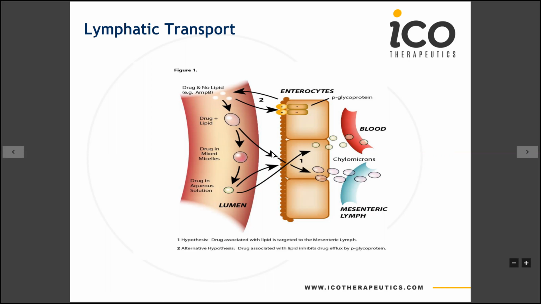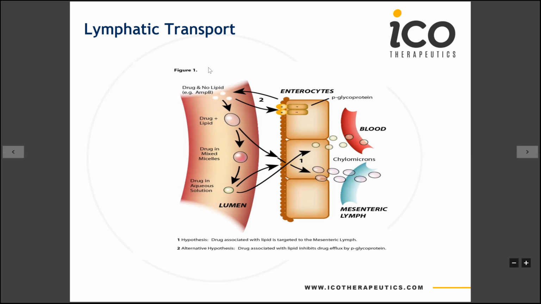Chylomicron-like particles will bypass through the GI membrane and come into the mesenteric lymph, bypass first-pass metabolism, the portal vein, and the liver, and be taken up into the bloodstream. What's also very interesting is the mesenteric lymph flow is much slower than the flow rate of the bloodstream.